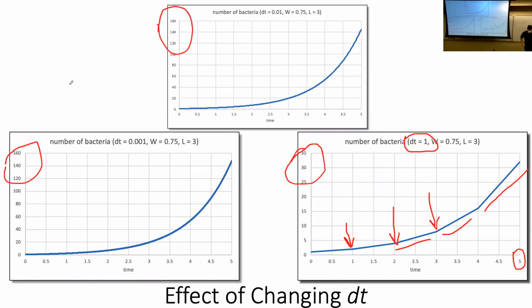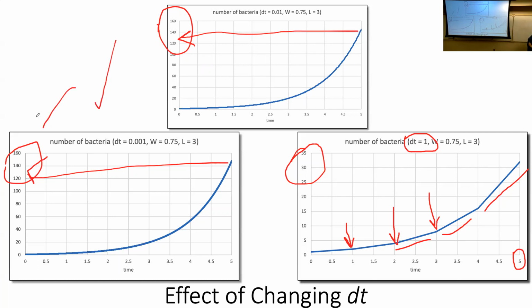After 5 time units at 0.01, I get something that's around, let's say, 140. And if I do 5 seconds at 0.001, it's also about 140. So those two seem to agree. I'll put a check mark there between these two.